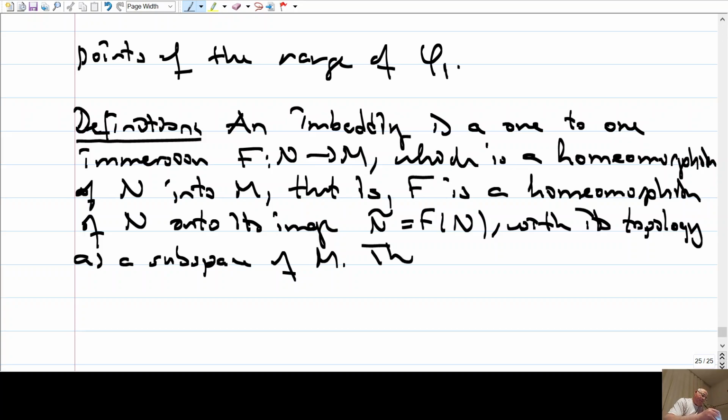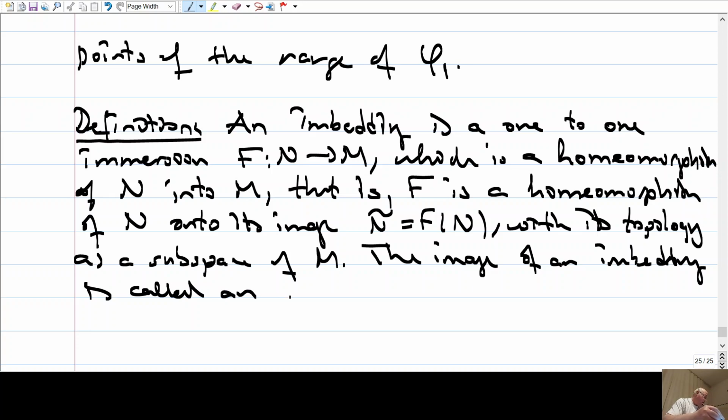The image of an embedding is called an embedded submanifold.